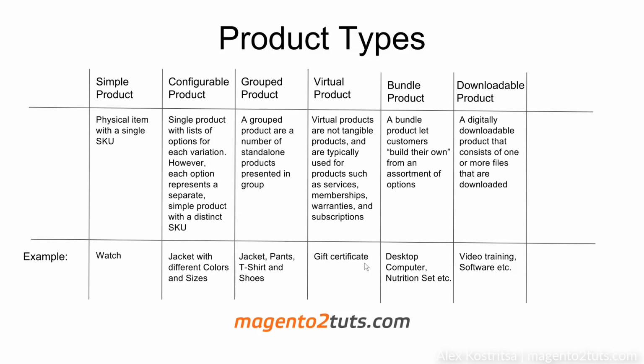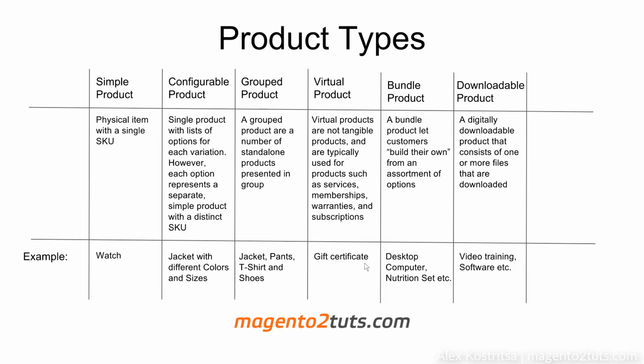We could send some papers, of course, but more likely we will not, and we will send them a digital code, which the person who ordered will be able to use one day and obtain some benefits, or actually purchase products. So it's something virtual, but it still delivers value. And a good example is a gift certificate or extended warranty or something like that.